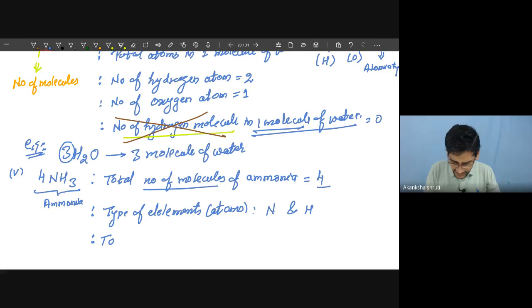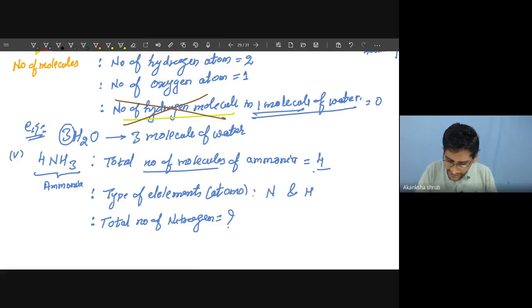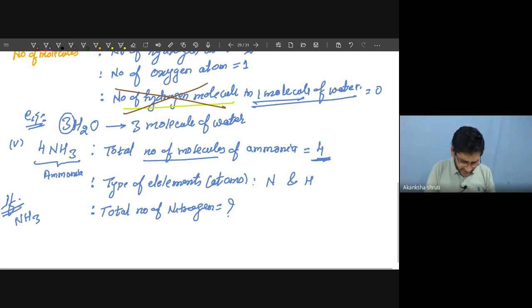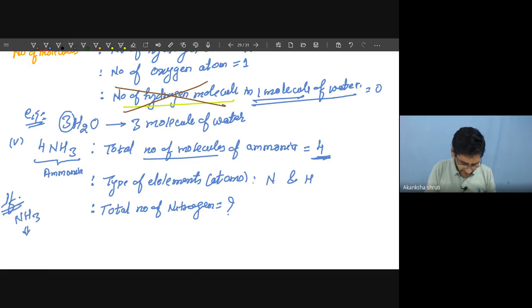Tell me, these are 4 NH3 I have written. So here it is asked, the total number of nitrogen atoms is equal to how much? Here it is given that the molecule is 4 in number, but if it is just one molecule, so only NH3 is written, then in this case the number of nitrogen atoms is how much?